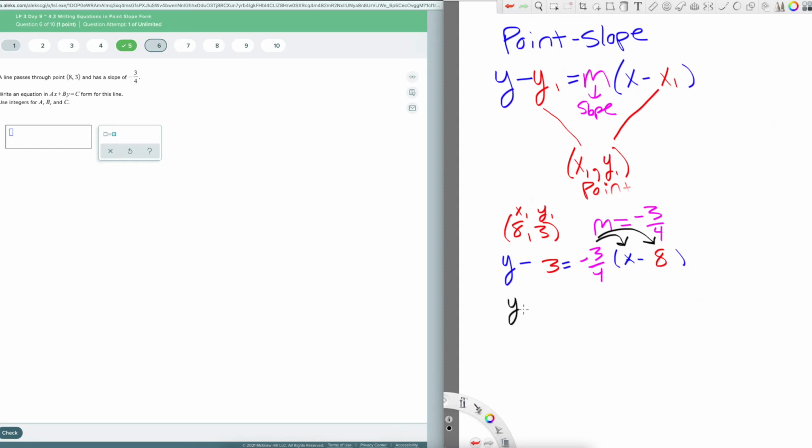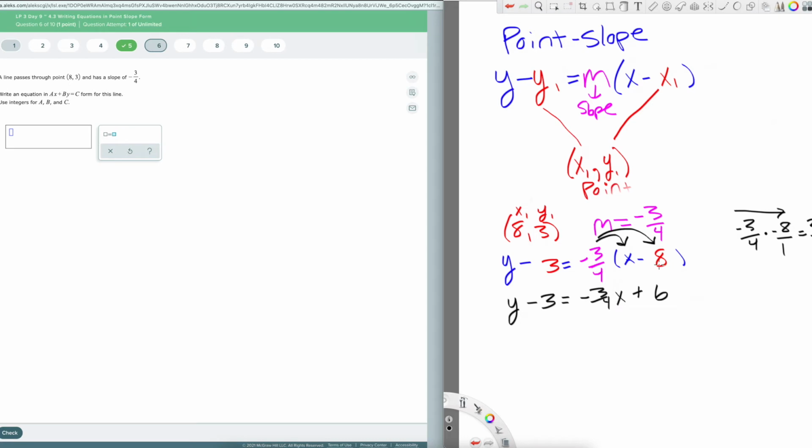So I have y minus 3 equals -3/4 x, because I just multiplied these two together, and then I have -3/4 times -8. Remember, there's a 1 under here, so I can multiply straight across the top. -3 times -8 is +24. 4 times 1 is 4. So 24 divided by 4 is 6. And it's going to be positive because they were both negative to start with. Two negatives make a positive when I'm multiplying.